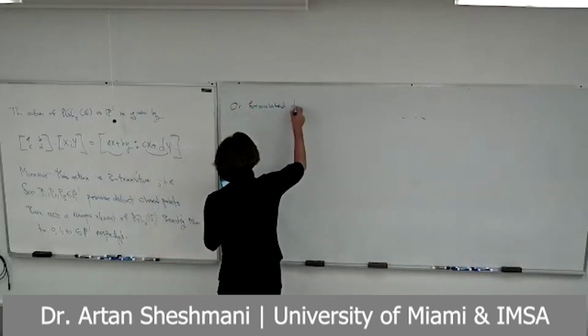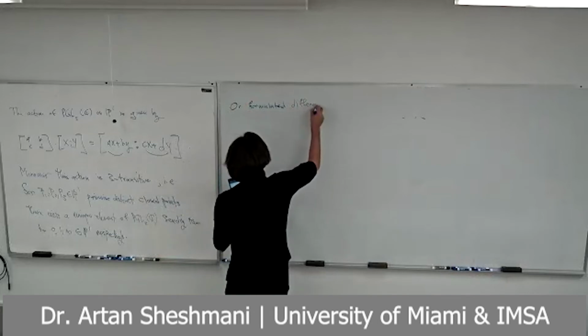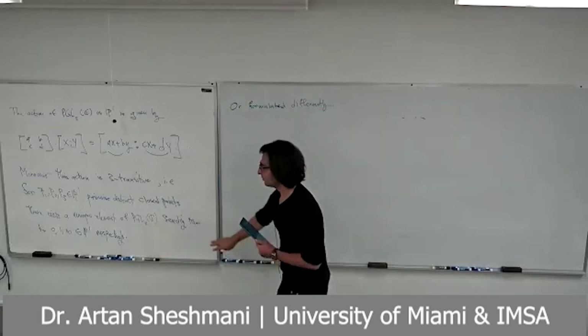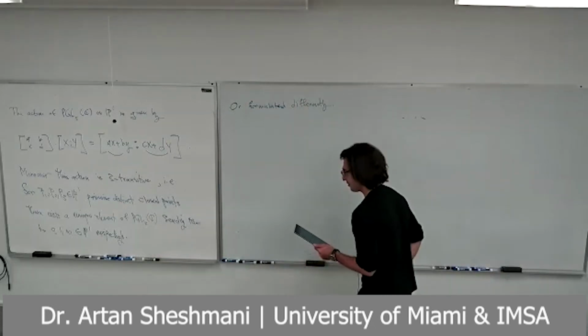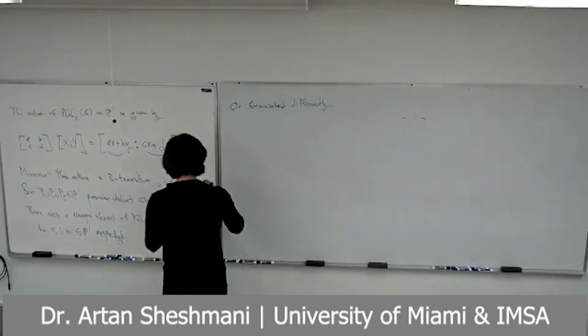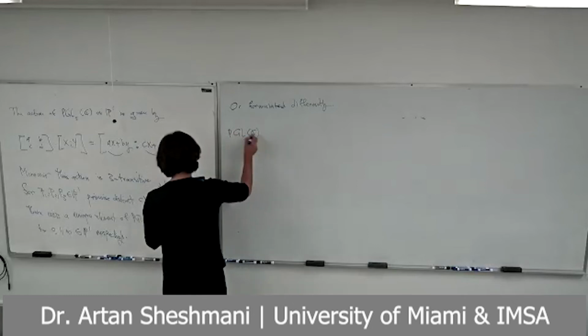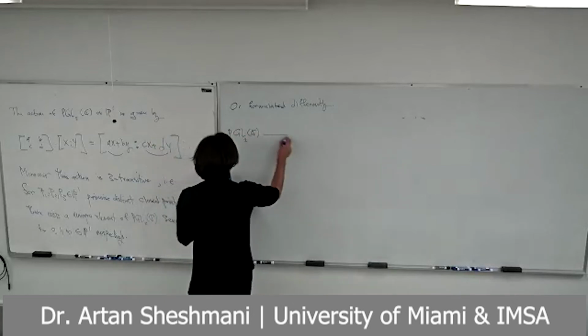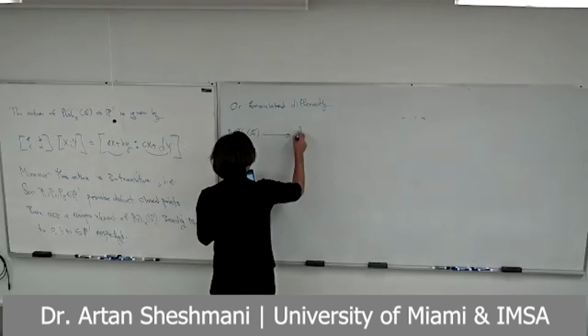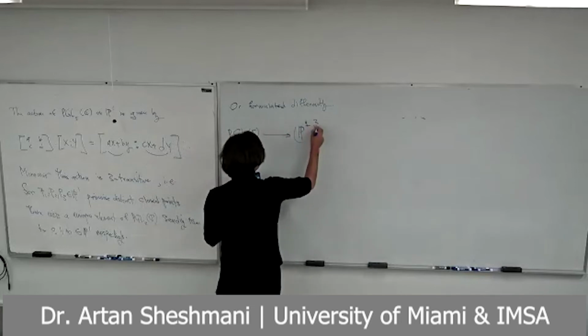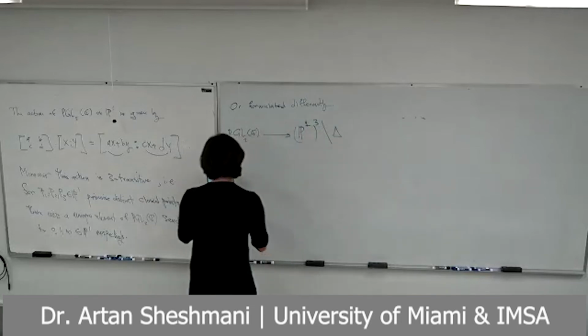formulated differently, I want to formulate this 3-transitive property of these automorphisms. The PGL2C gets mapped to 3 copies of P1 minus the diagonal. What does this mean?